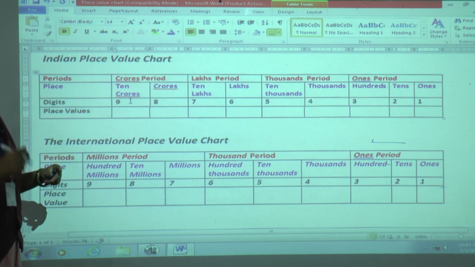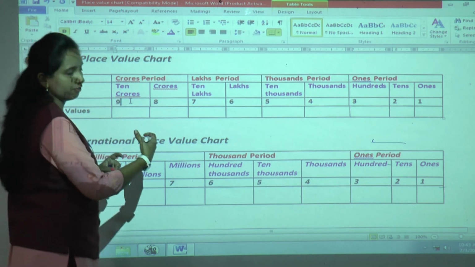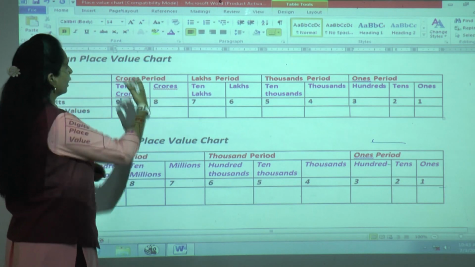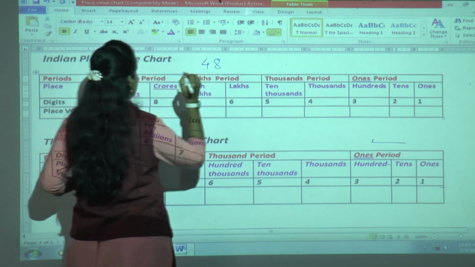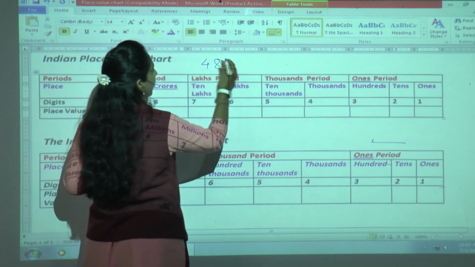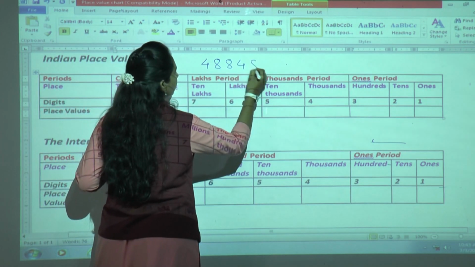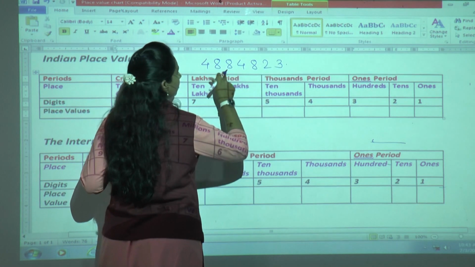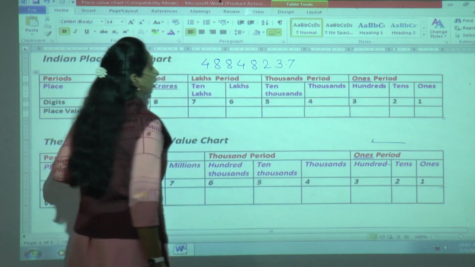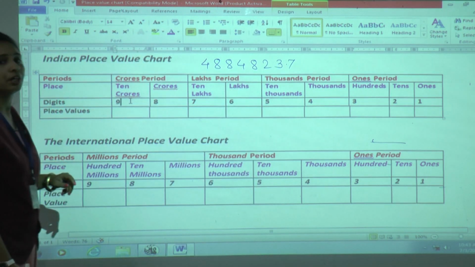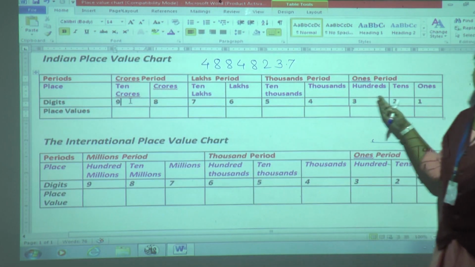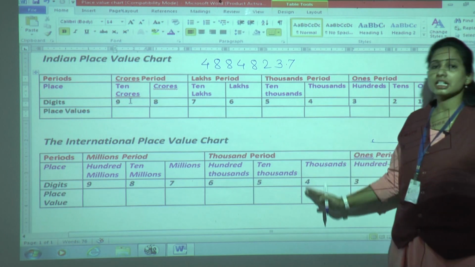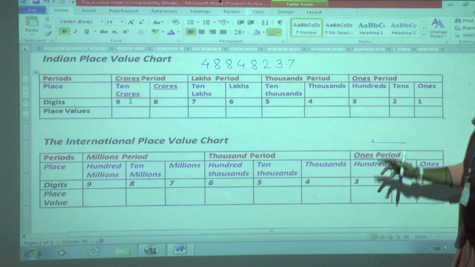Now I will teach you with one example in Indian and international. For example, I will take one 8 digit number. Now I'll place this number in the Indian place value chart as well as in the international place value chart.